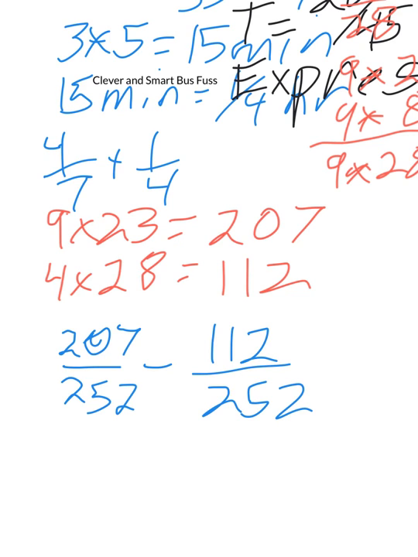So let's see. That's going to equal 5 there, 7 minus 2, and 20 minus 11 is 9, 95/252nds. So there's our time, 95/252nds.